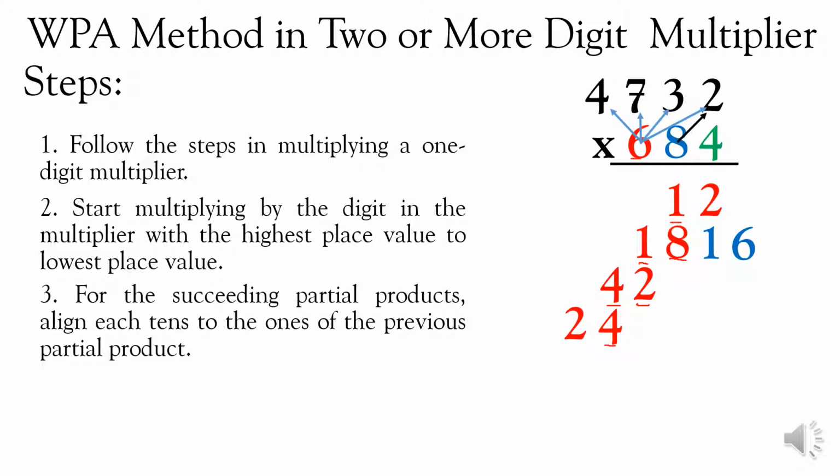Then the next digit to be multiplied by 8 will be 3, which gives us 24. The next digit to be multiplied by 8 is 7, which gives us 56. And the next digit to be multiplied by 8 will be 4, which gives us 32.